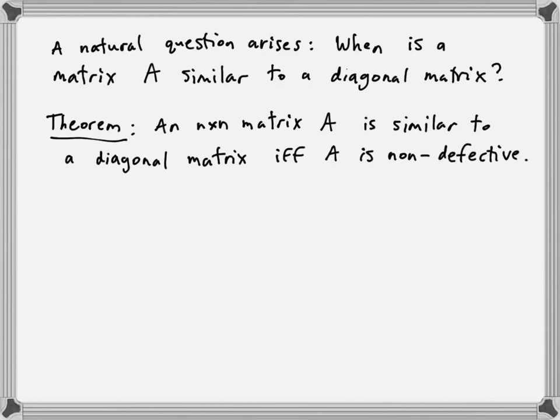So that's the first thing. The first thing is that it is similar to a diagonal matrix if it's non-defective. But what will that diagonal matrix be? And how do you find it? So this is actually the second part of the theorem.